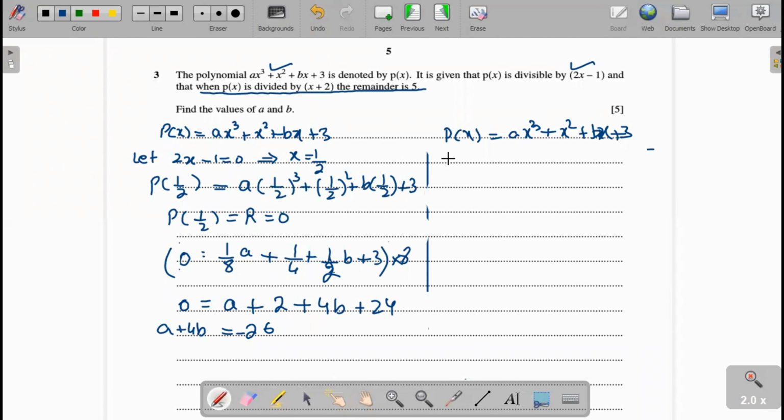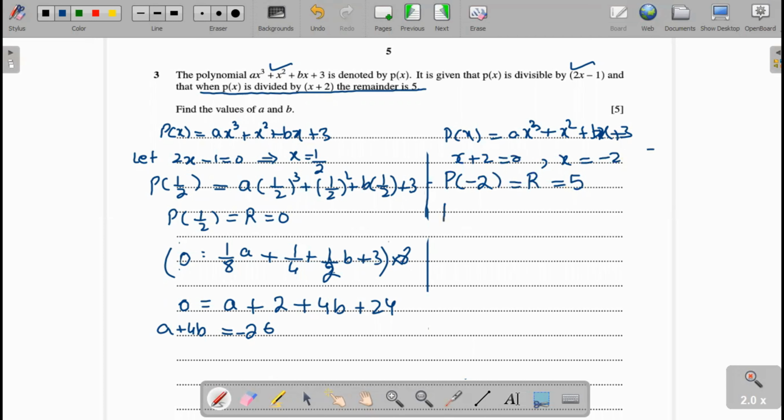In the factor theorem, when we put x plus 2 equal to 0, x equals minus 2. When we put x equal to minus 2 in this polynomial, p of minus 2, we get the remainder that is equal to 5. And we use this formula from the factor theorem. Therefore, p of minus 2 equals 5.